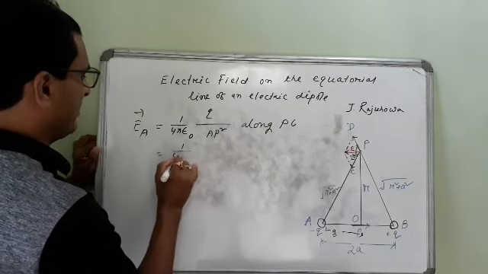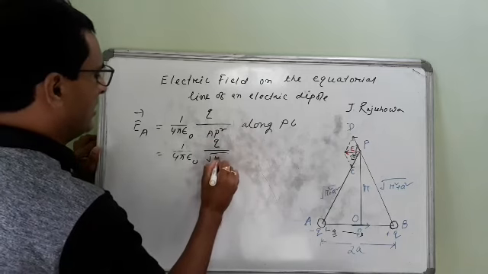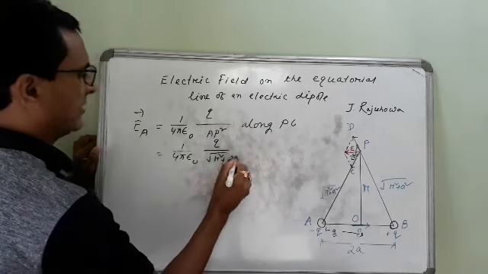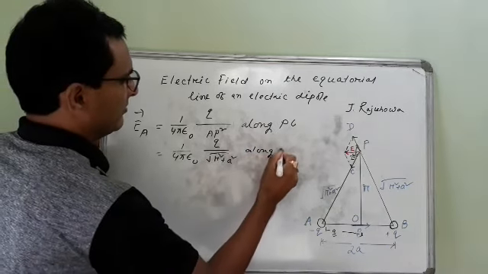So here we can write 1 by 4 pi epsilon naught, Q by root over R square plus A square, along PC.